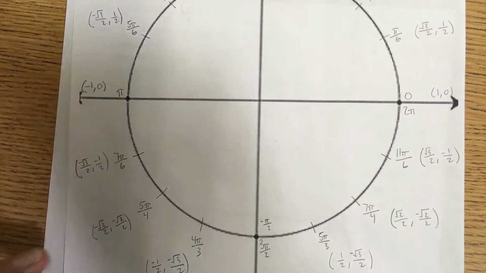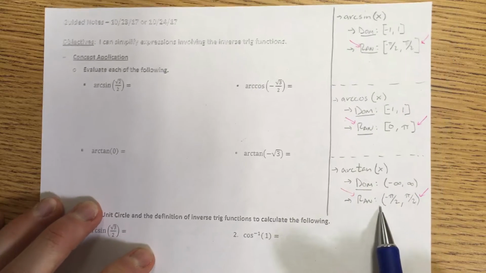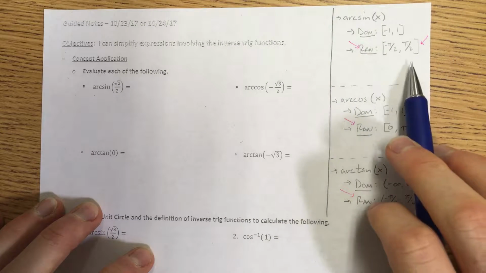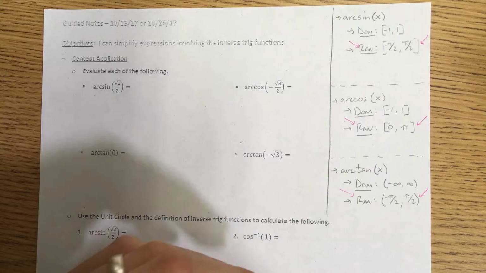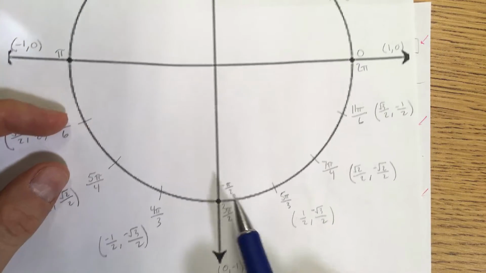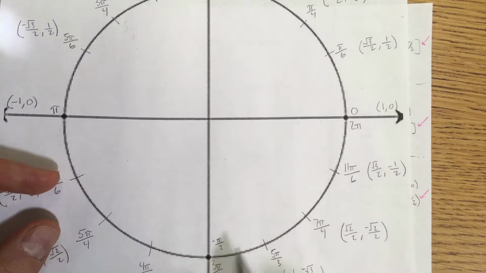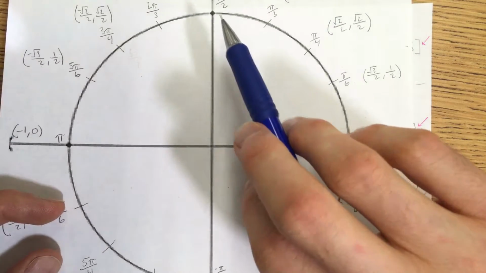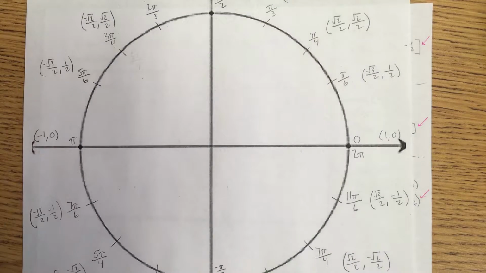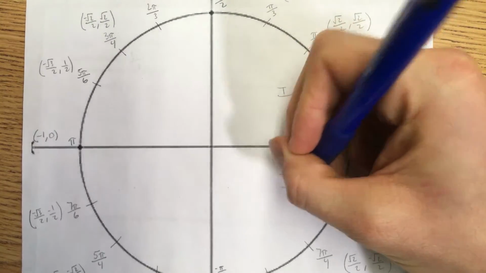For arc sine and arc tangent, the range is from negative pi over 2 to pi over 2 on the unit circle. What we can notice is that this is in quadrants 1 and 4.